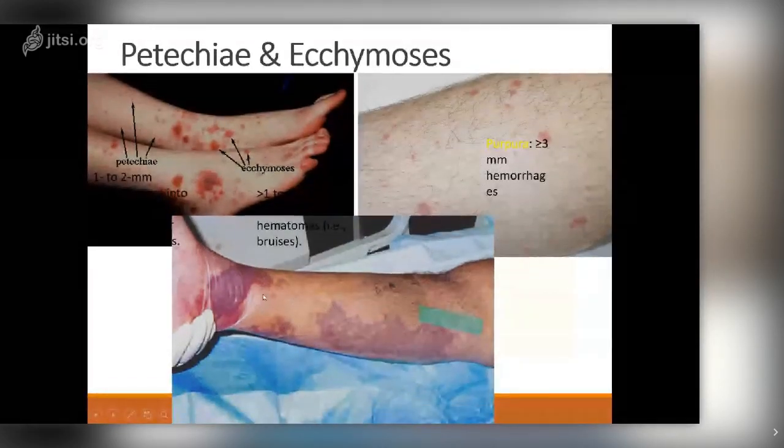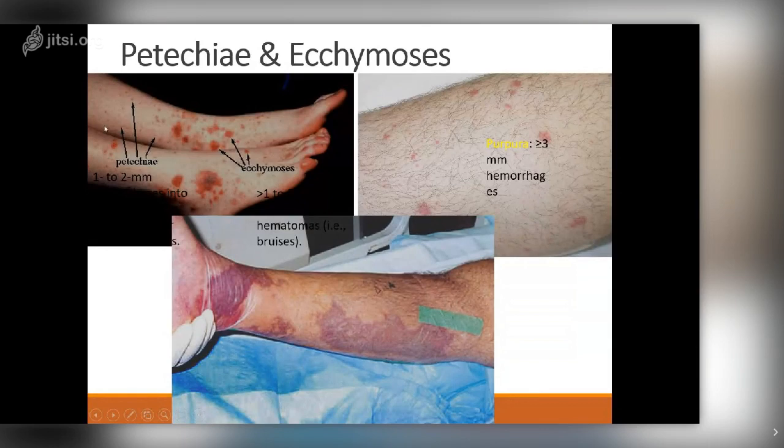Another variant of escape of blood inside of the tissues depends on its site and size. For example, petechiae are very small, minute hemorrhages in the skin. Purpura, also small but a little bit larger, roundish hemorrhages in the skin and mucous membrane, more than 3 millimeters.